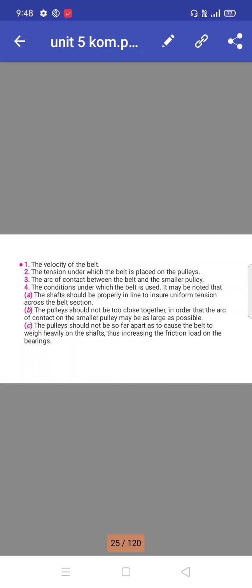In order to that, the arc of contact on the smaller pulley may be as large as possible. The pulleys should not be so far apart as to cause the belt to weigh heavily on the shaft, thus increasing the friction load on the bearing.